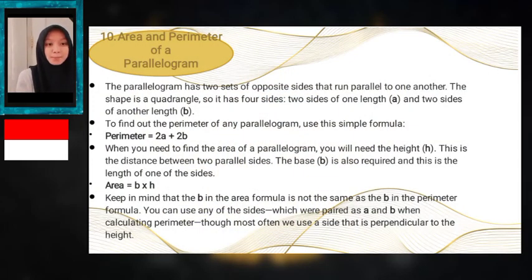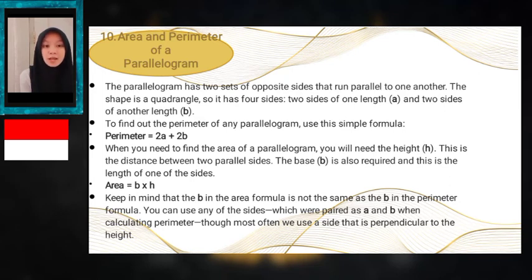10. Area and perimeter of a parallelogram. The parallelogram has two sets of opposite sides that run parallel to one another. The shape is a quadrilateral, so it has 4 sides, 2 sides of one length and 2 sides of another length. To find the perimeter of any parallelogram, use the simple formula.